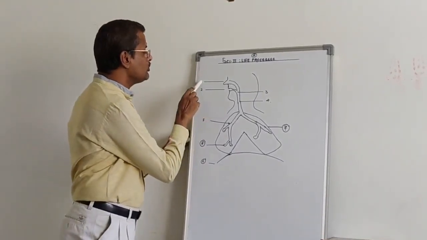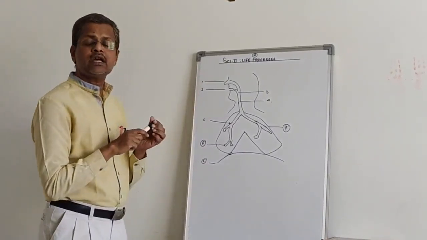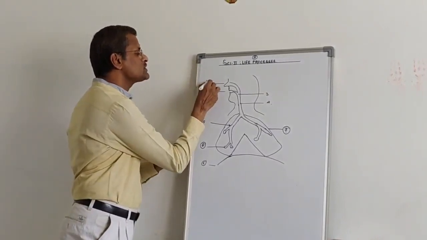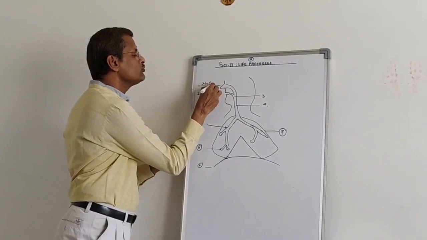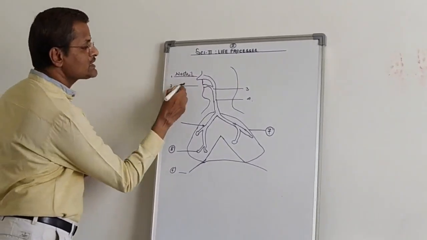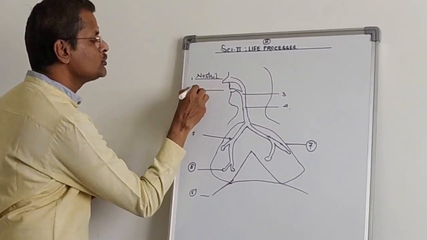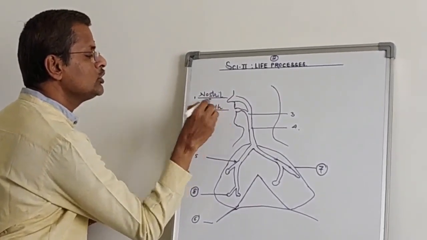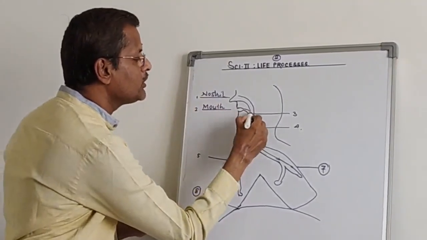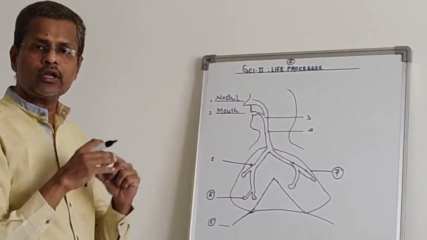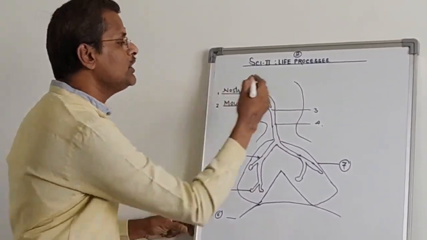This one, first part is nothing but nostril or the external opening of nose. Nostril. Second part, it's the mouth. Now, the third part, it is the connection between mouth and nostril or the common point of mouth and nostril.